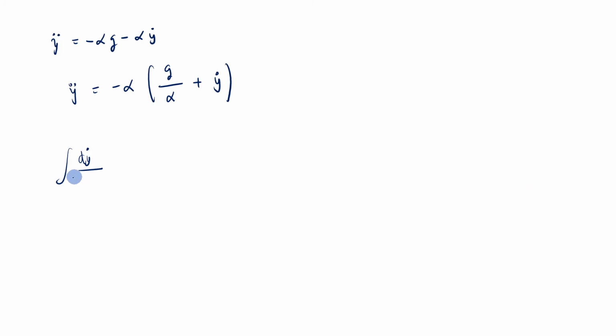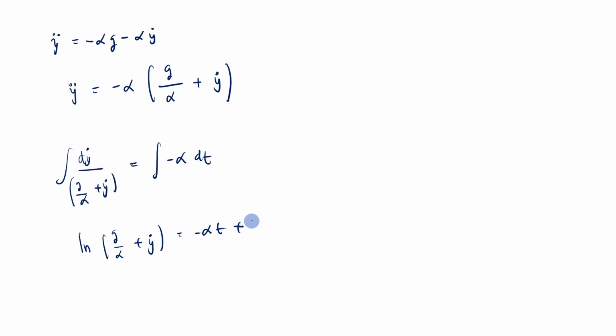So g divided by alpha plus y dot equals minus alpha dt, and we get ln of g divided by alpha plus y dot equals minus alpha t plus c.